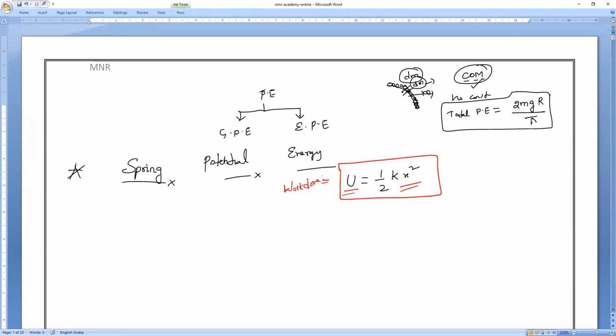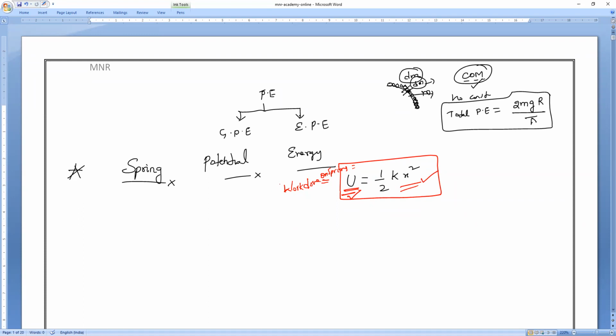Understanding, Rudreswar? Work done on the spring is equal to the energy stored in the spring in the form of what? Everybody: potential energy, which is equal to half into k into x square. This is the formula for spring potential energy.